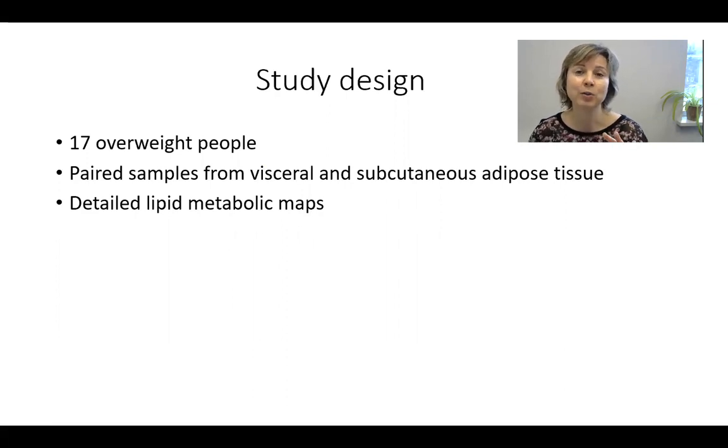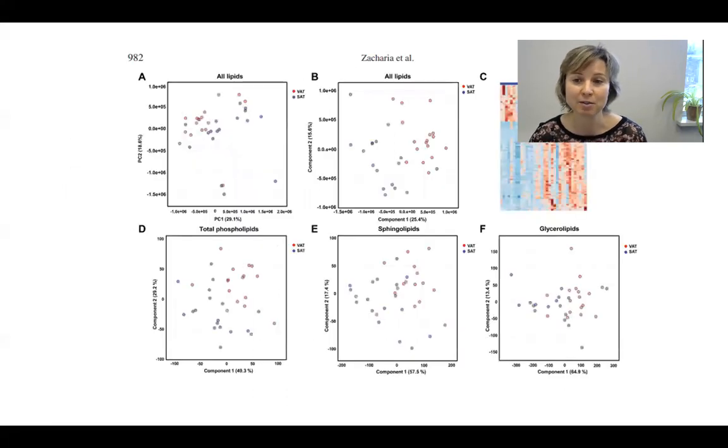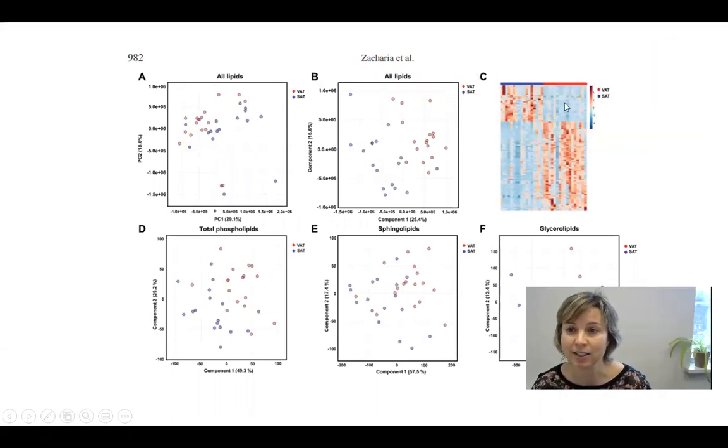They found out that there were major differences between visceral and subcutaneous fat. We can see in colors here, visceral fat around the inner organs is in red, and the subcutaneous fat is blue. So we can see that there are major differences in many components.